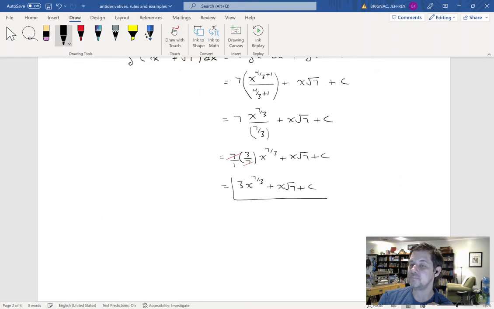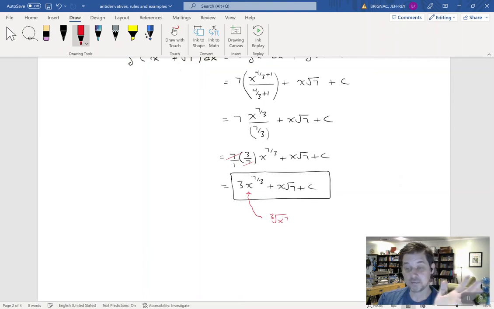And then that will probably do it. It might be that we need to be aware of this 7/3 right there, and that would be the same thing as the 3rd root of x to the 7th power. Same thing, right? So maybe we'll write it like that, just in case. You should know that, but I think this is probably okay.